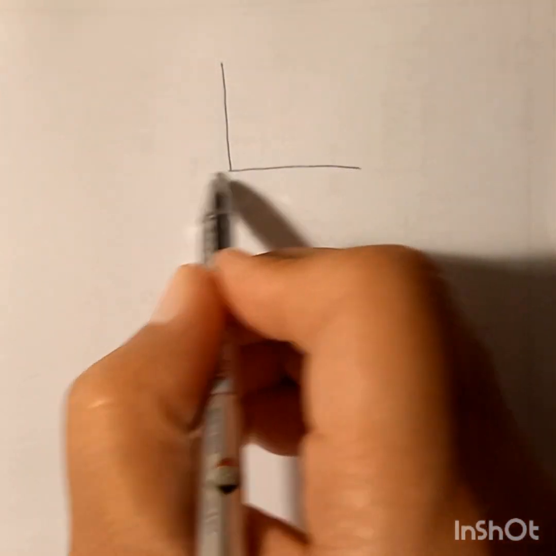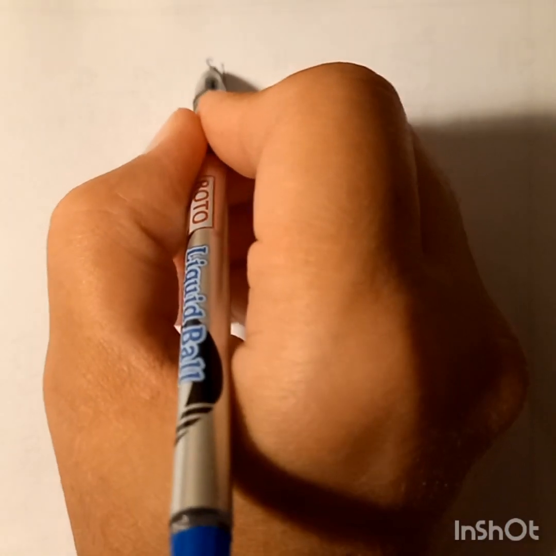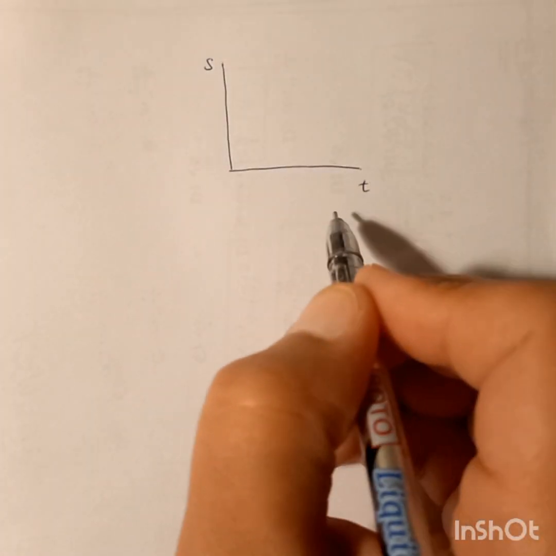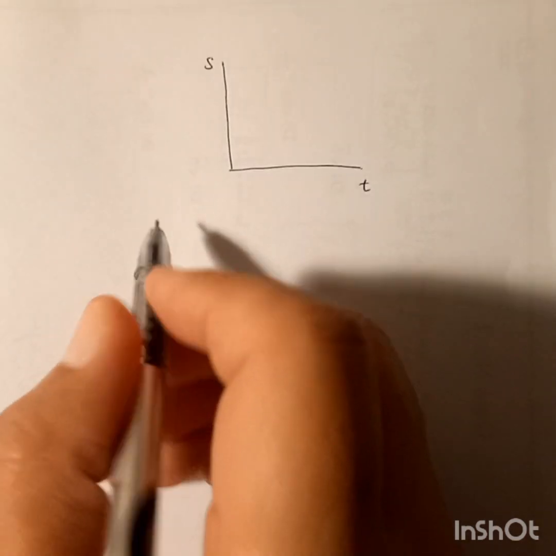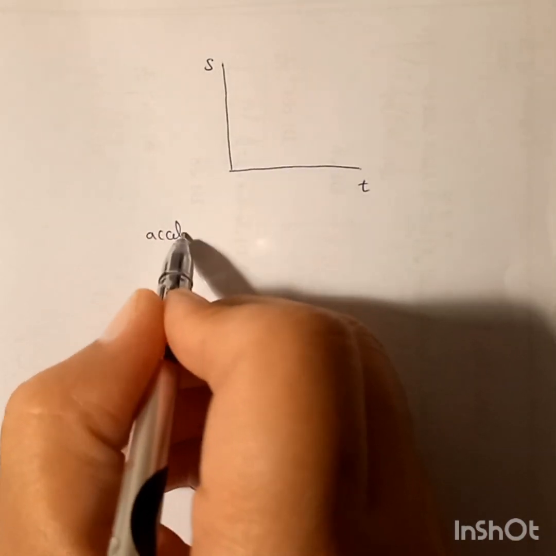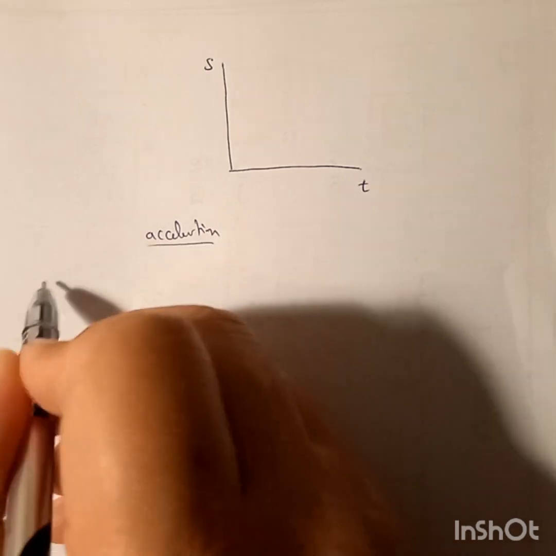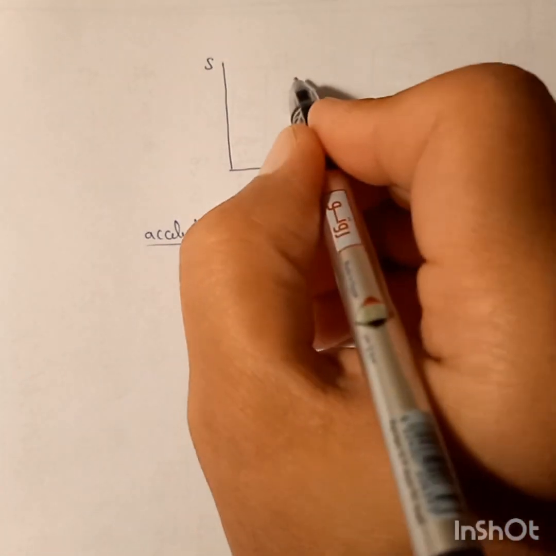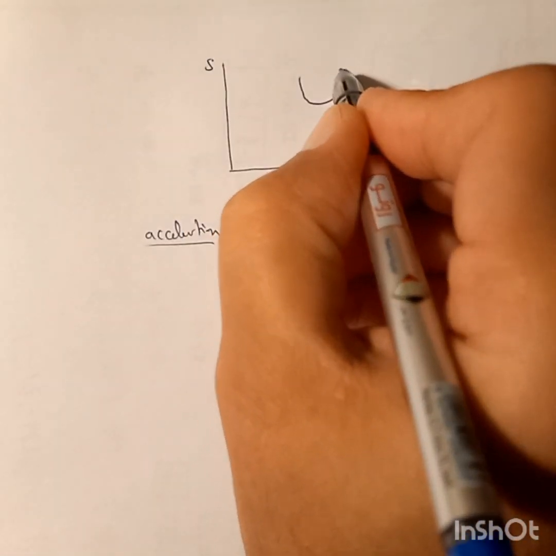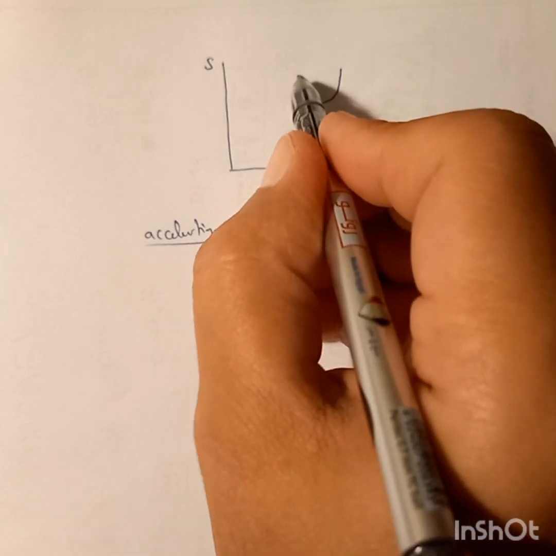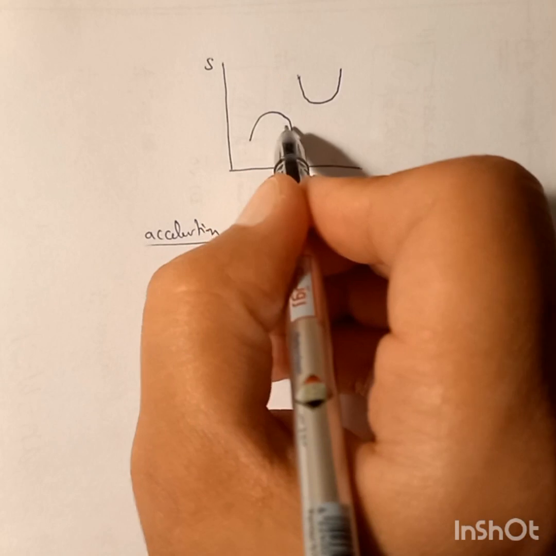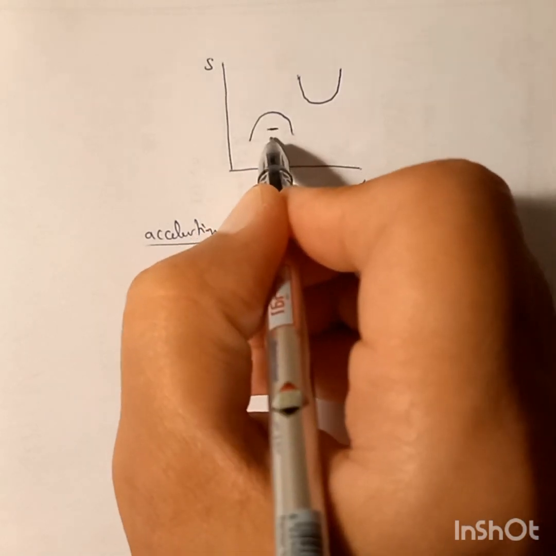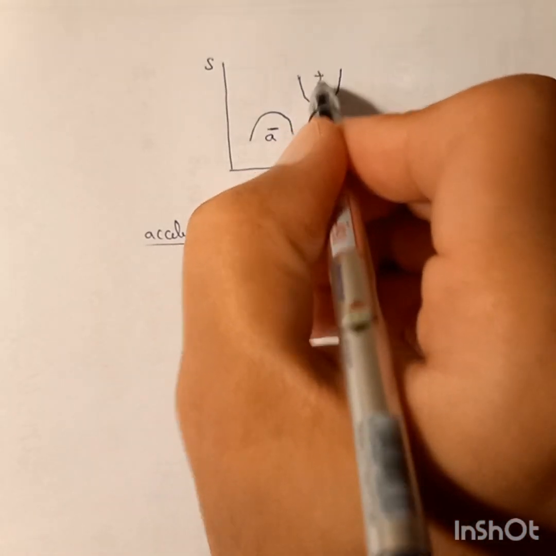Secondly, if we have a curve representing the relation between displacement and time, from this curve we can find the acceleration of the motion of this body. In this type the acceleration is negative, and here we have positive a.